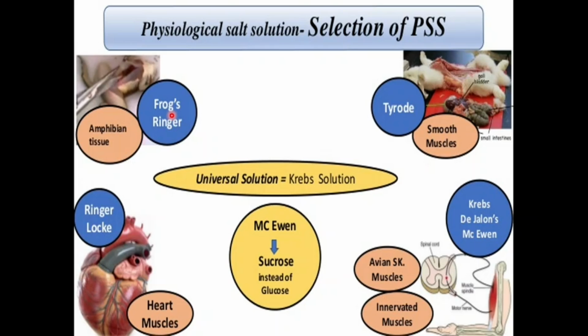So for these specific physiological salt solutions, we have added the constituents according to the composition of the body fluids in that particular animal. Therefore, they are reserved for the particular tissues.